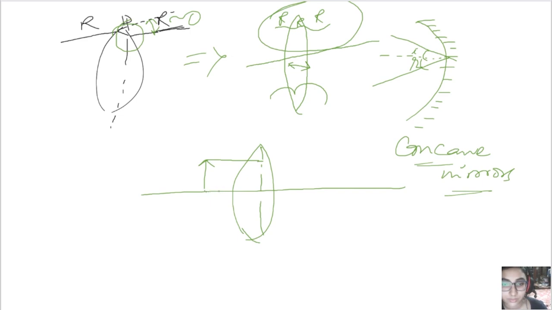Say this is the focus, this is the center of curvature, this is the optical center. In the mirror we used to call the midpoint of the spherical surface the pole, and here it is the optical center.